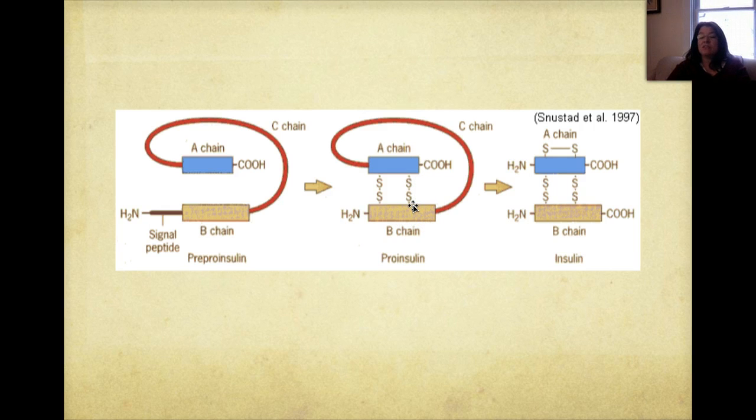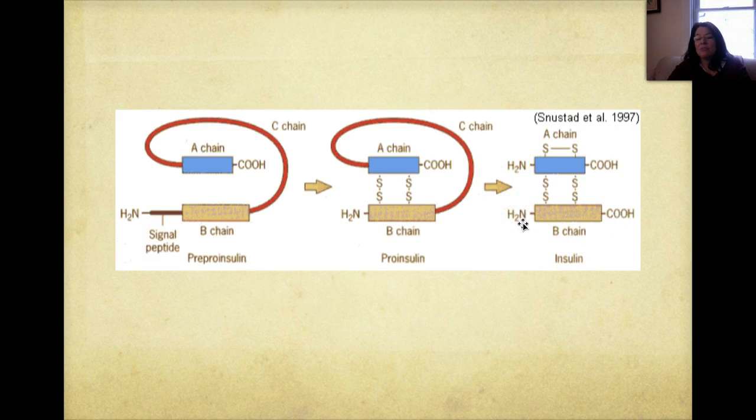have functional insulin. That doesn't happen until we remove the central loop of amino acids labeled C chain. So that's a process of splicing out an intein and joining exteins, and that's what you're seeing over here. Over here we have the final insulin molecule.